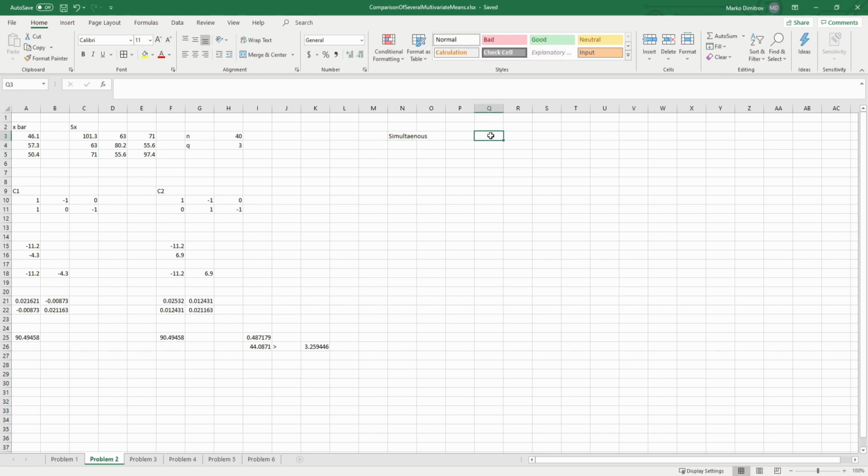Okay, let's go to simultaneous confidence intervals. What we need here is our Fisher distribution. So first, probability 0.05, degrees of freedom q minus 1, so 2, and n minus q plus 1. This is actually the same as we got here.